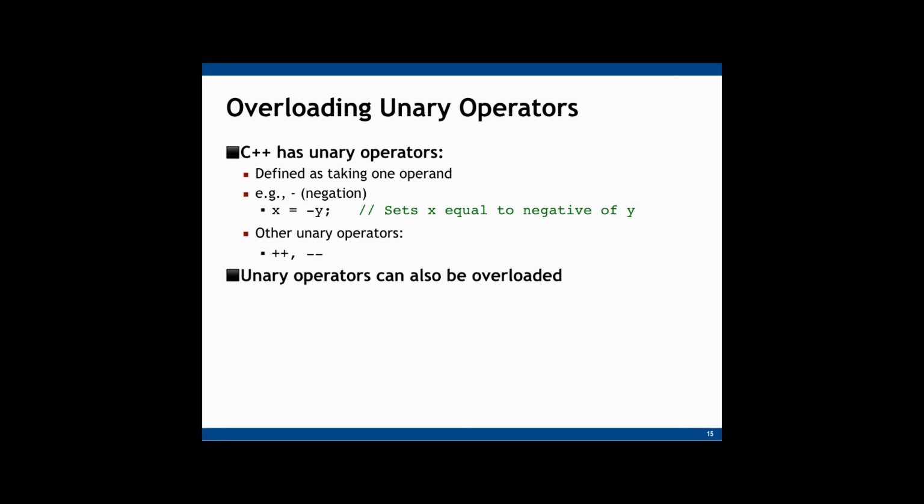Okay. So far we have looked at the binary operators such as plus and equality. C++ has unary operators such as negations, increment operators and decrement operators. The unary operator is an operator that takes only one operand or one argument. And we can also overload such unary operators just like binary operators.